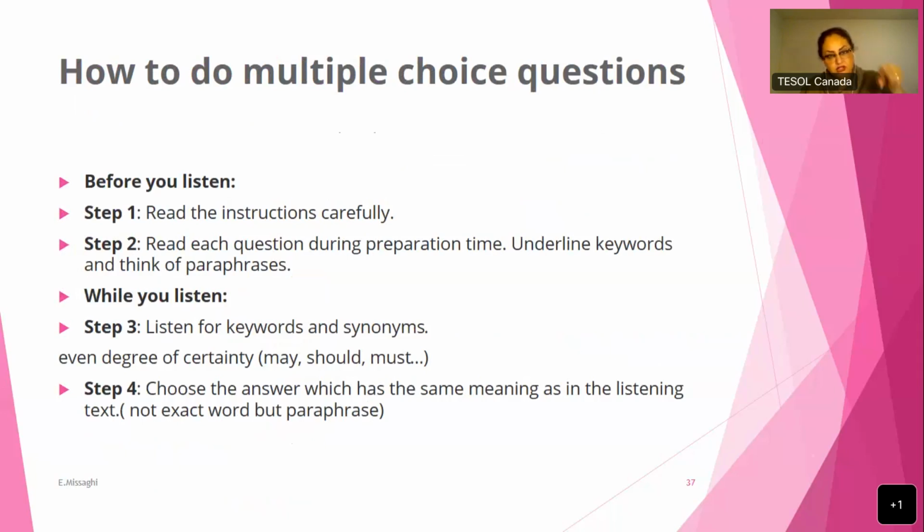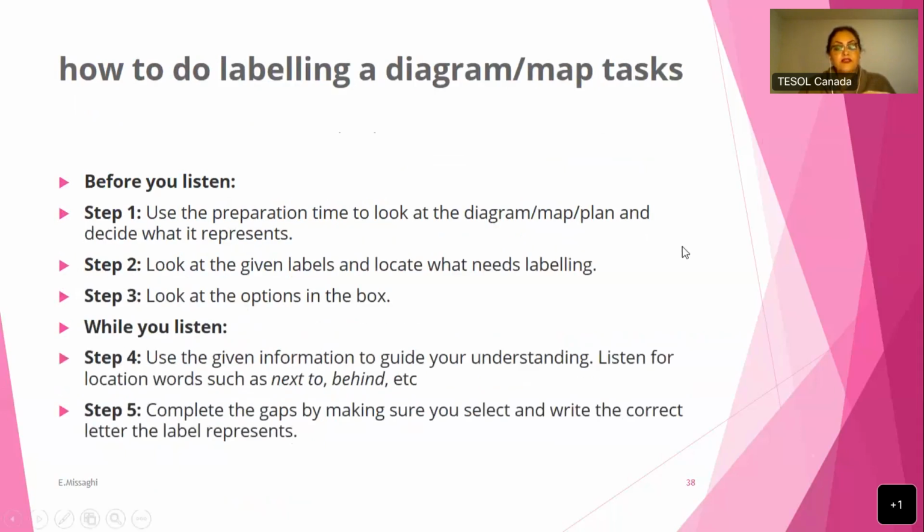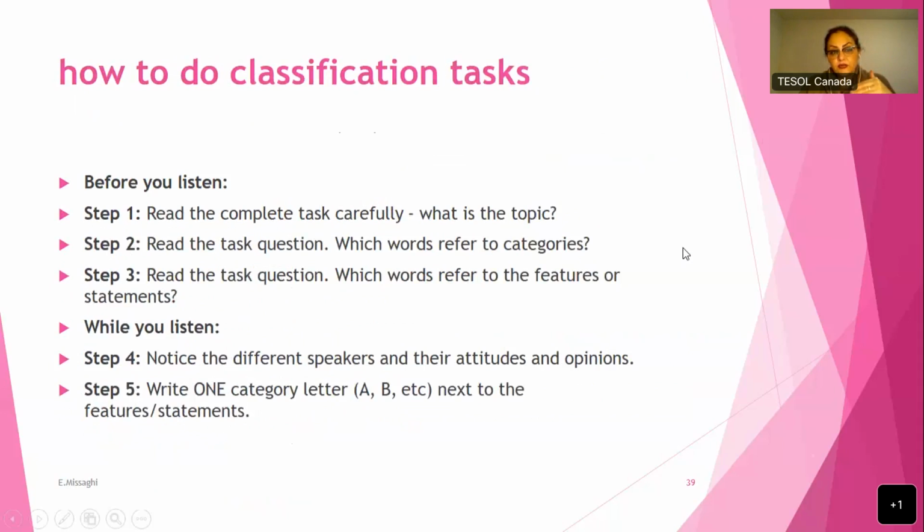So they circle it. While they're listening, they have to pay close attention. Is it should? Is it must? Is it recommended, a suggestion, advice? Or is it obligatory? If the students can underline the keywords, it helps them a lot to find the correct answer.